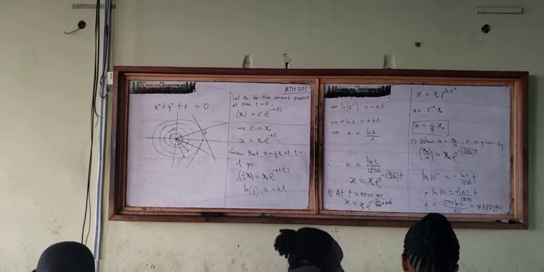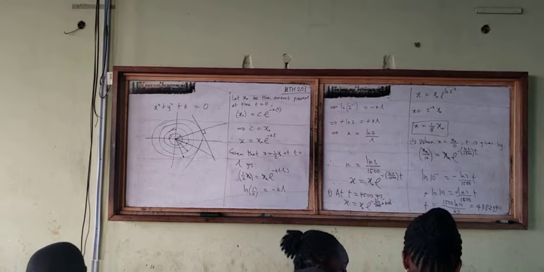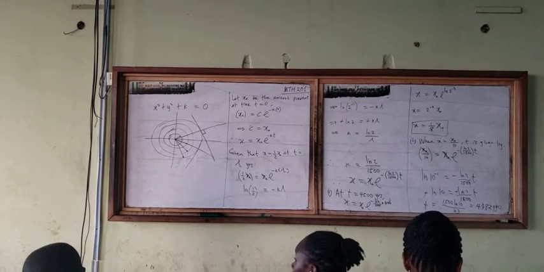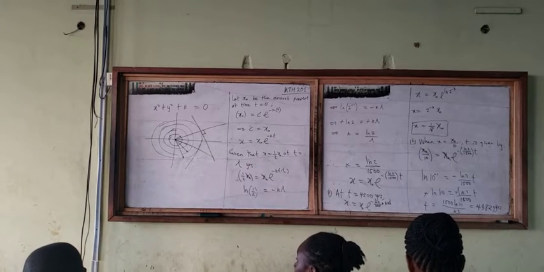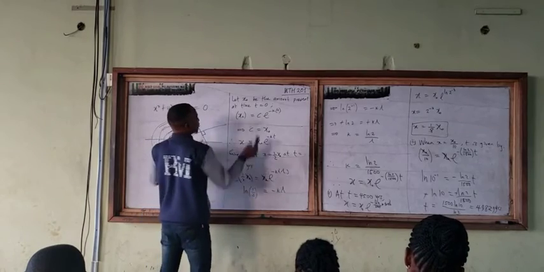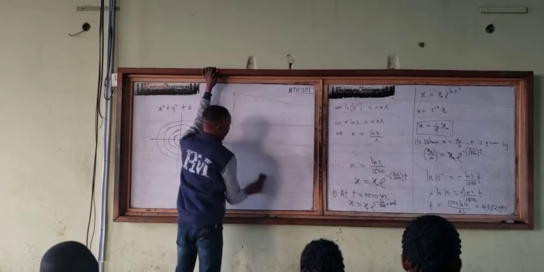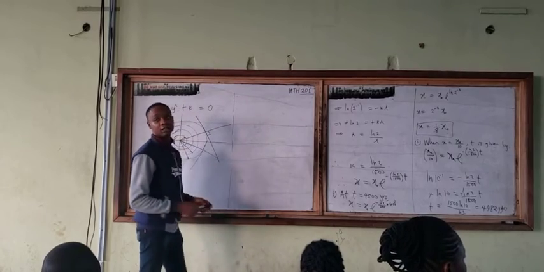Is that when I'm given an equation for a family of curves, I can get their gradients. You can remember that when two lines are perpendicular, we know the relationship between their gradients. We say that the product of their gradients, m1 m2, is equal to -1. Can you remember that?